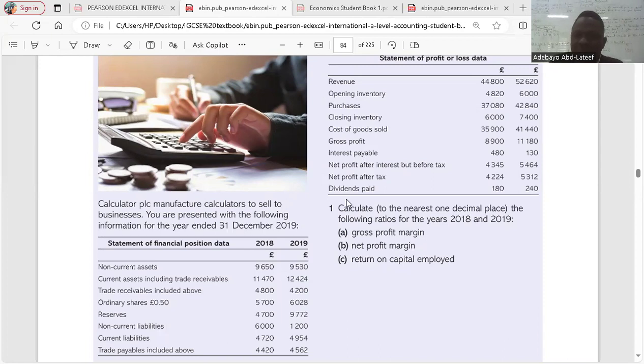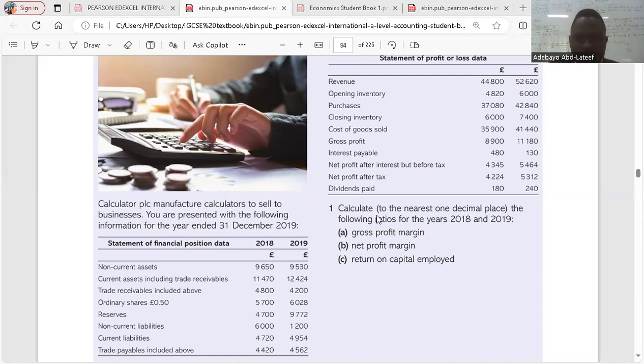So our net profit before interest will be the gross profit minus net profit after interest but before tax. That is 8,900 minus 4,345. So our net profit before interest is 4,555.